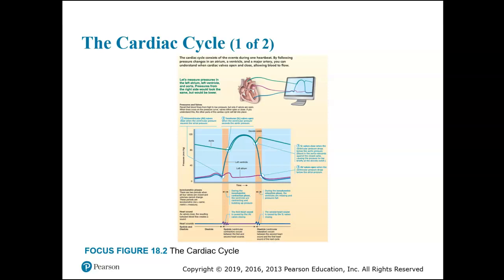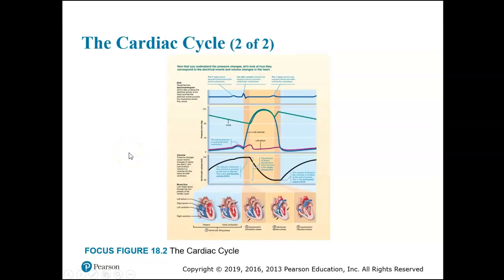And this is just showing you the stages. I'm just looking to see if there's anything I want to go over with you. Mainly just compare your pictures at the bottom to the graphs. There's a graph of ventricular volume, and then there's a graph showing pressure.